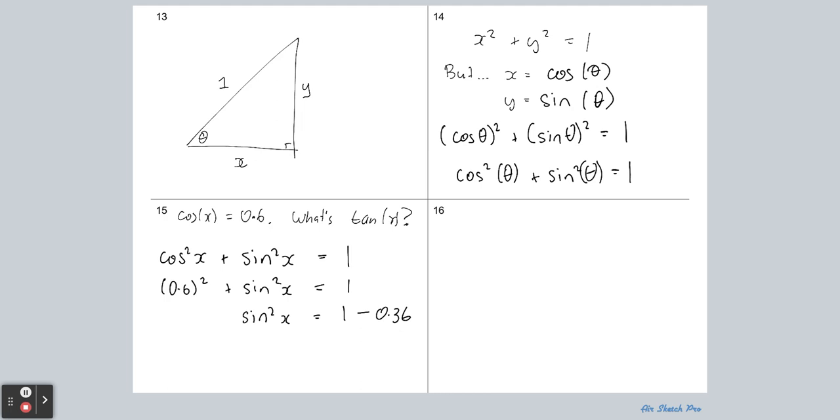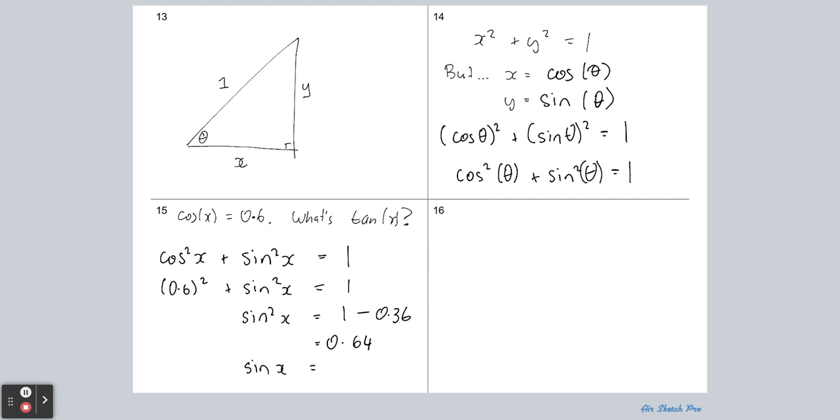So 1 minus 0.36 is equal to 0.64, and then you can square root that. This is something that would more likely be in the calculator section, but look, the square root of 64 is 8, right?